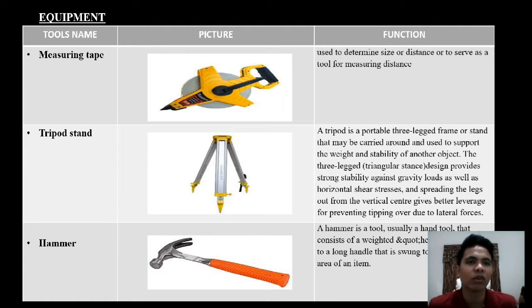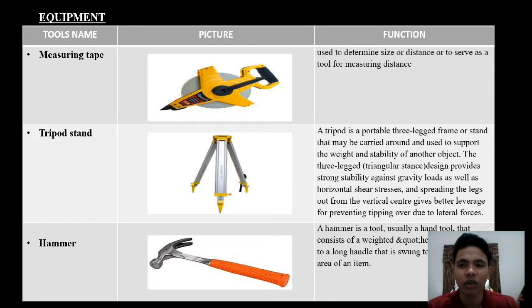In this part of the slide, I'm going to explain to you about the equipment that we have used in the work. So the first tool is a measuring tape. The function of the measuring tape is to determine size or distance, or to serve as a tool for measuring distance. The second one is a tripod stand. A tripod stand is a portable three-legged frame or stand that may be carried around and used to support the weight and stability of another object.